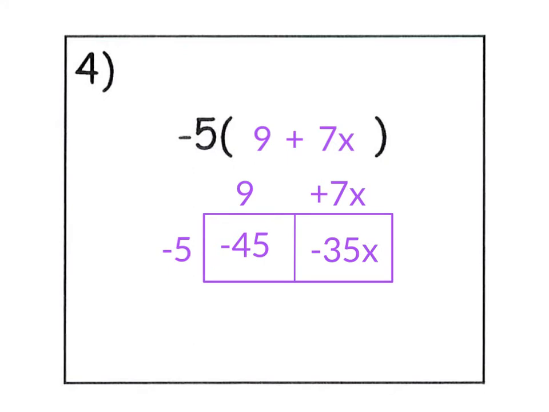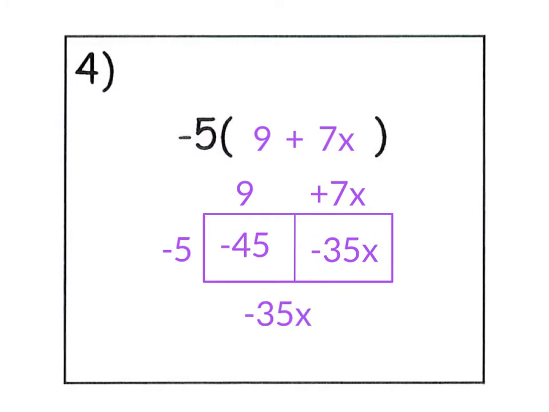Now I am going to put them together. So I could just write them side by side. But there's another thing that is kind of important in math. We tend to write things in what is called standard form. For our purposes, what that means right now is that we want to write the variable term first. So instead of bringing the negative 45 first, I'm going to write the negative 35x first.